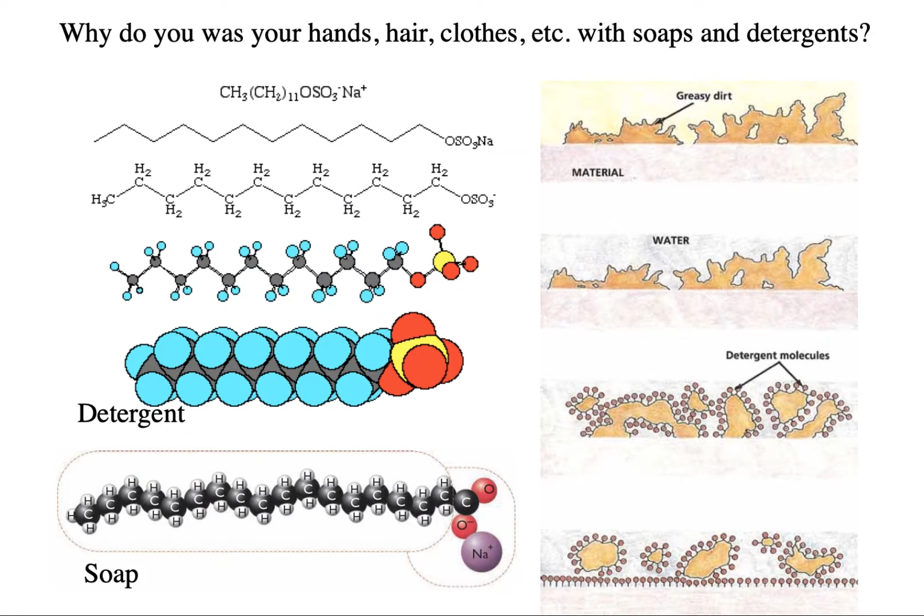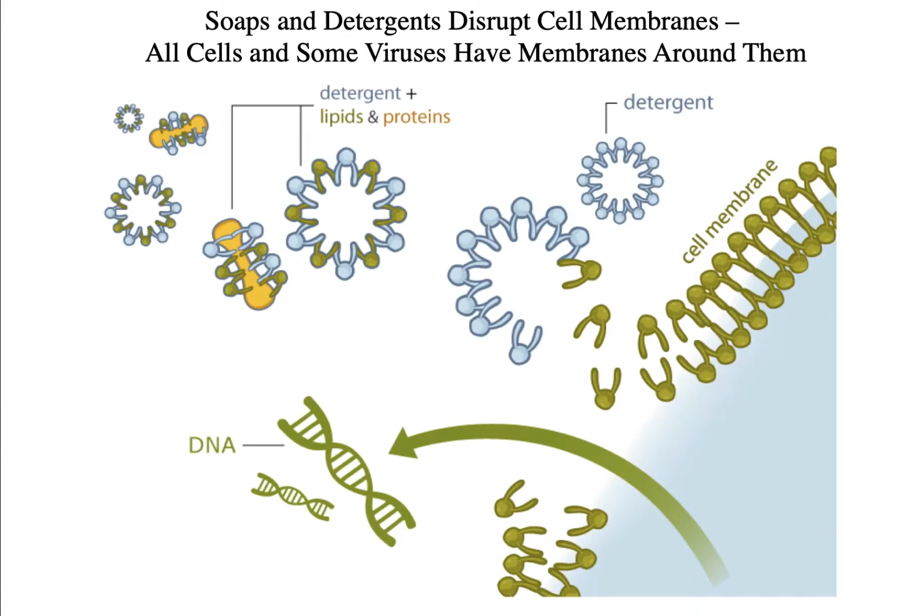These membranes can be disrupted by detergents and soaps, which is one of the reasons that you use detergents on your clothes and dishes and soap on your hands. This will kill most organisms because it essentially solubilizes their membranes, and so they can't survive without that membrane. Here's a diagram just illustrating that fact that when you use soaps and detergents, you disrupt the membrane.